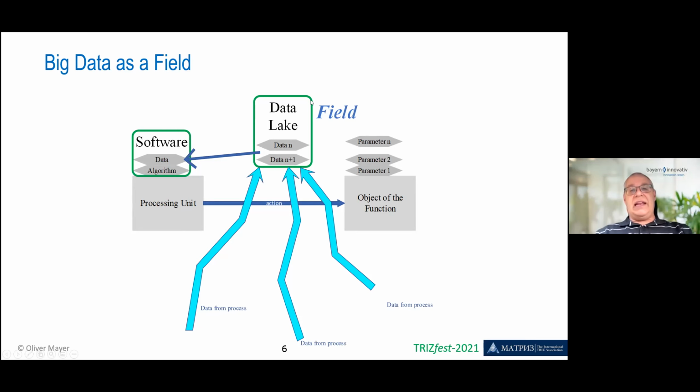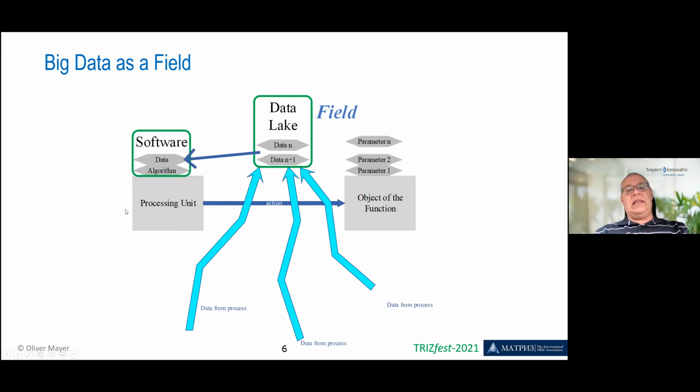And this data is standing on its own in a database, so first of all it doesn't do anything. It only turns into action when I take this data and use it in an algorithm, here by a processing unit.